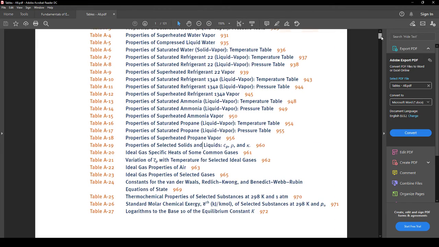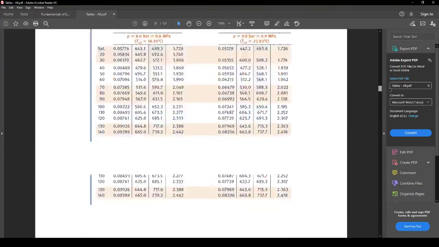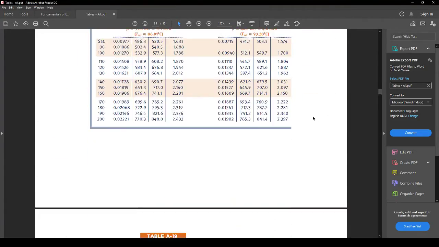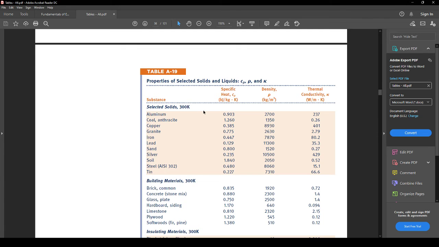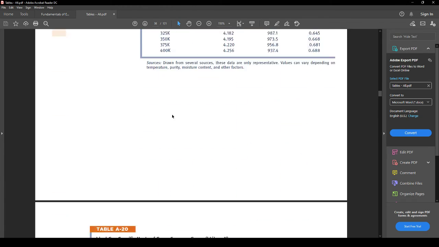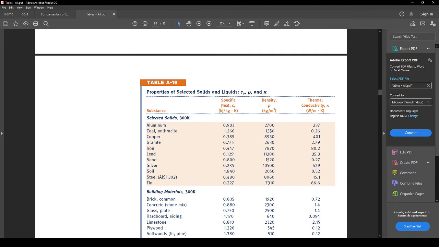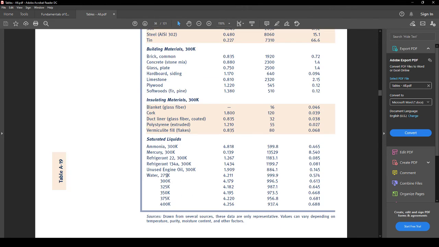But I don't have that one, actually. I can't just jump to that because I only have the tables. Let's see, I think that's not it, is it? Yeah, here it is. So, is water in here? Here it is. So, here's water, and here's the CP of water, density and thermal conductivity. So let's go down this one right here. So water at 275 Kelvin.